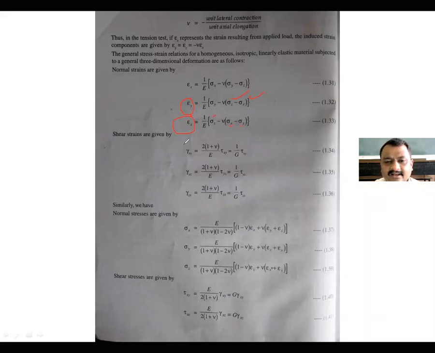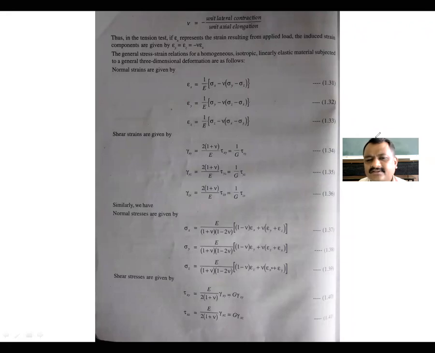Then epsilon z is equal to 1 by E into sigma z, because in the z direction it is longitudinal, and lateral directions become x and y. Therefore, minus nu into sigma x minus sigma y. So these equations you remember, but we are hardly applying them in this particular module. In future modules, we can use them.